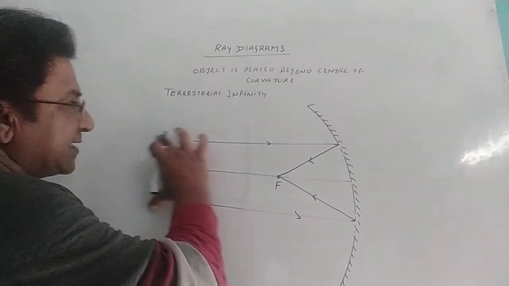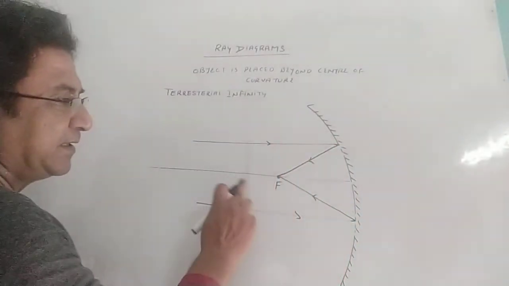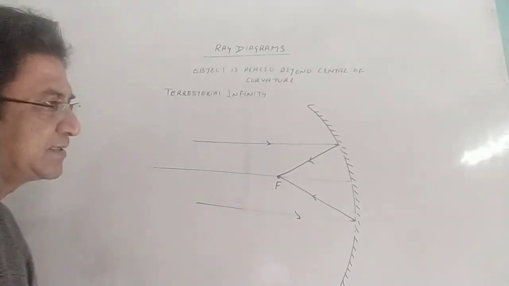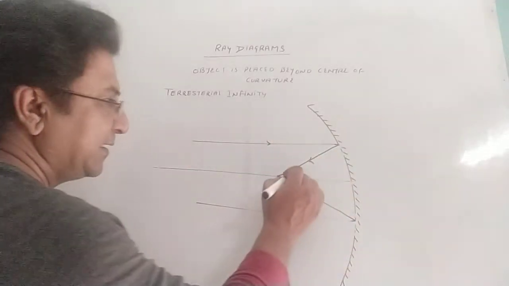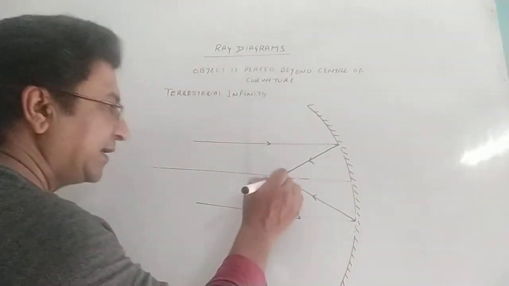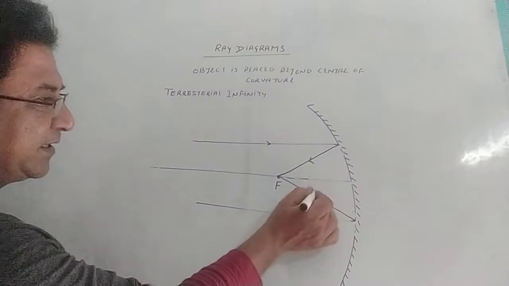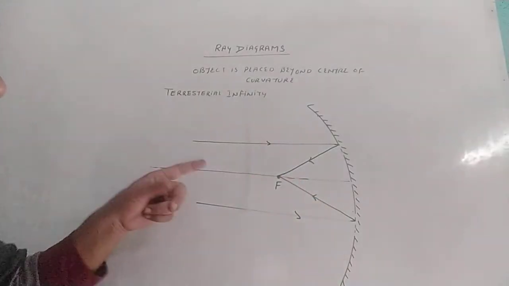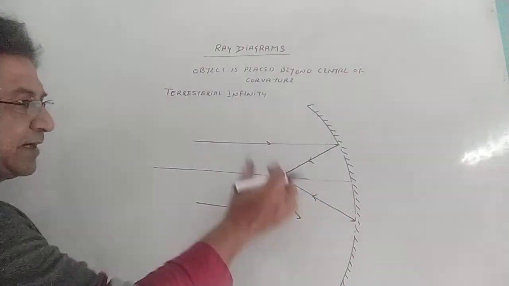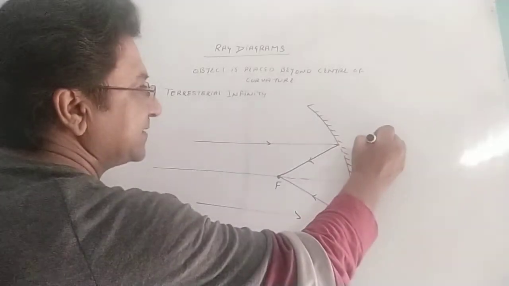So when the rays are coming from infinity, they are making an image on the focus. You don't have to draw the focus, right? Wherever they are meeting, write focus over there. This is the principal focus. But size of the image is point size. Reflected rays are actually meeting. So it is a real image. Where? At focus. So characteristics.